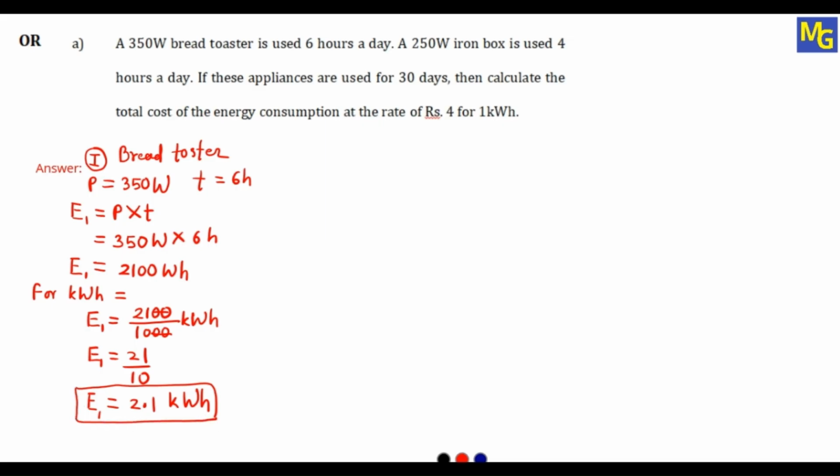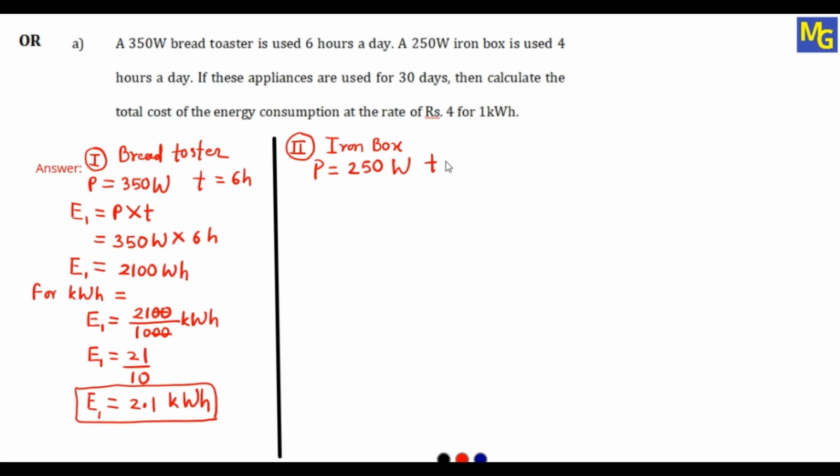Now we will solve the energy for iron box. I will write it here too, and this is for iron box. So here again what we have, power is given, that is 250 watt. Time is given, that is 4 hours.